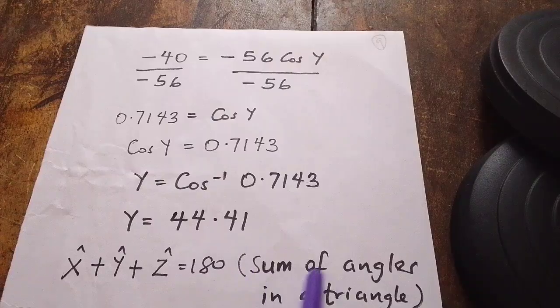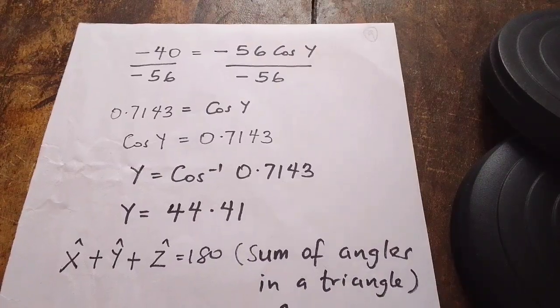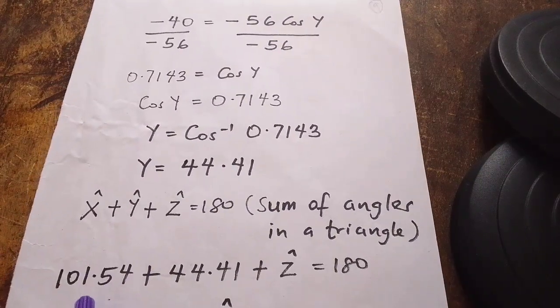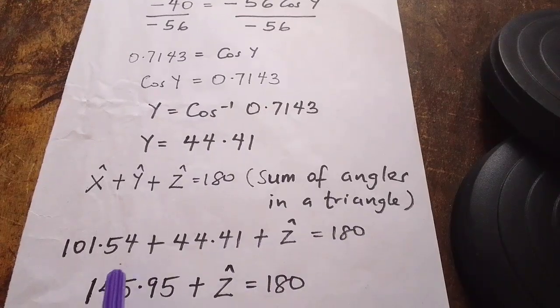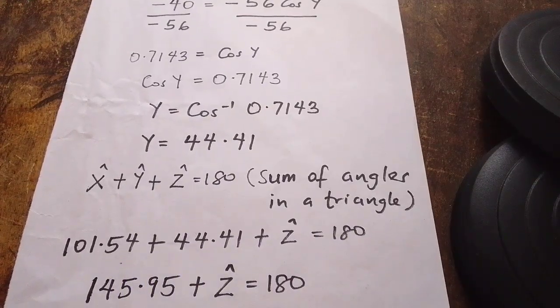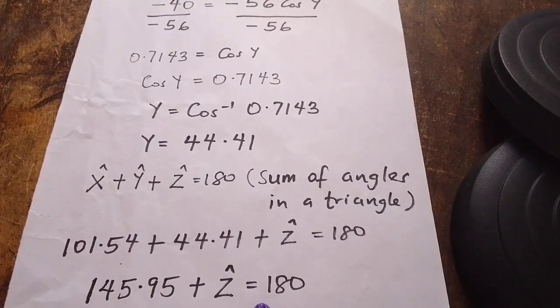Our x is 101.54 plus y is 44.41 plus z, which is what we are looking for, is equal to 180. 101.54 plus 44.41 gives 145.95 plus z is equal to 180.